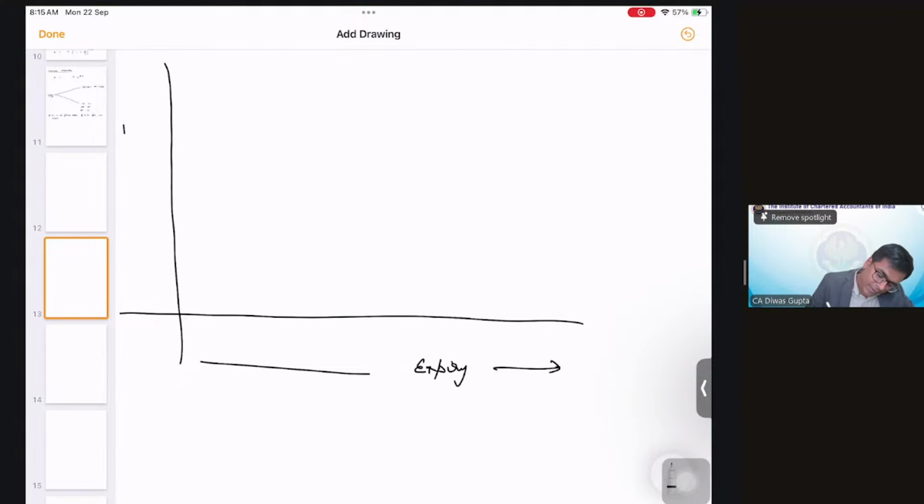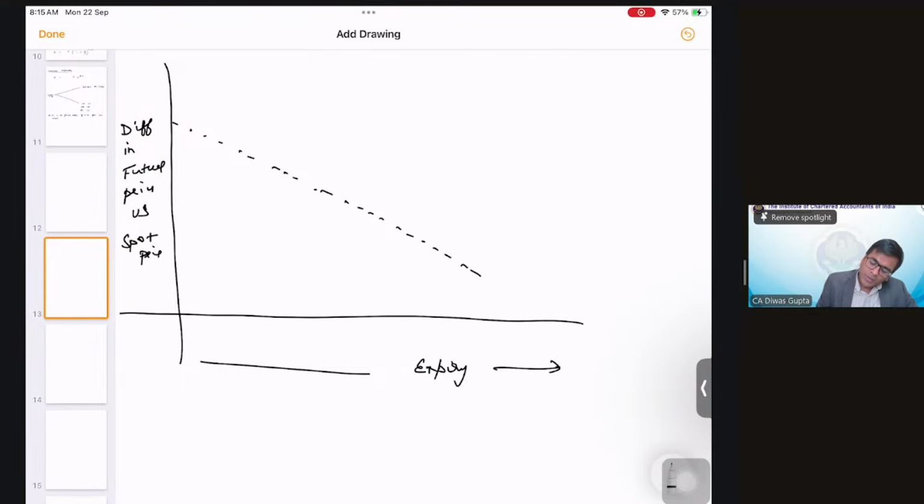This is the difference in future price versus spot price. The difference between future price and spot price is actually the interest element, the absolute interest. So it keeps on going down. The difference keeps on going down as the expiry increases.